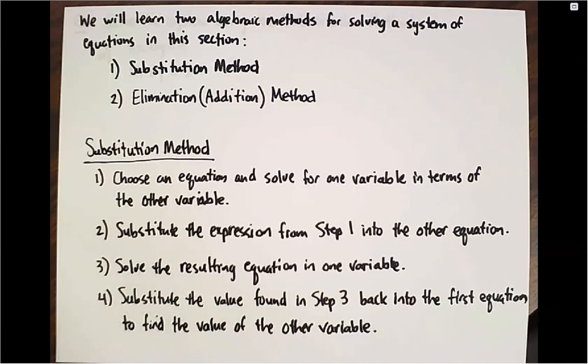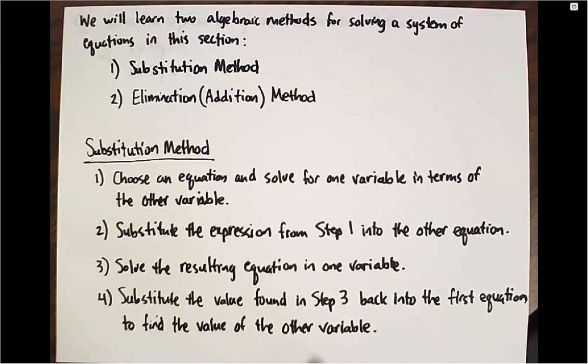And since solutions to systems are ordered pairs, once you get the value of the first variable, you have to find the value of the second variable. And you do that by plugging the number that you got in step 3 back into the first equation to find the value of the second variable, the one you solved for that variable.